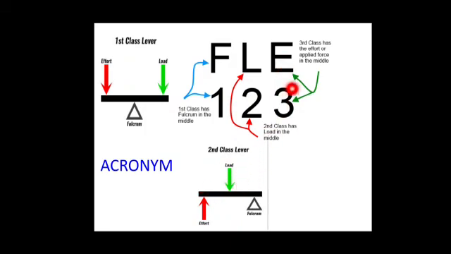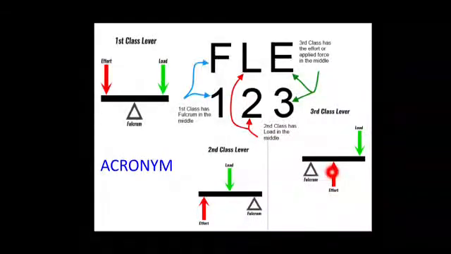And in third class lever there is effort in the middle, between the fulcrum and load. So in this manner you can learn the position of the fulcrum, load and effort, right?